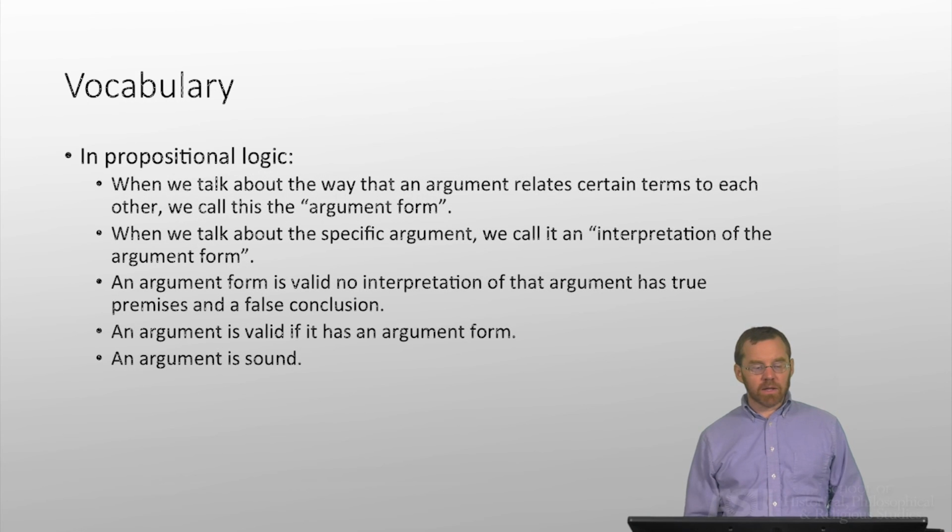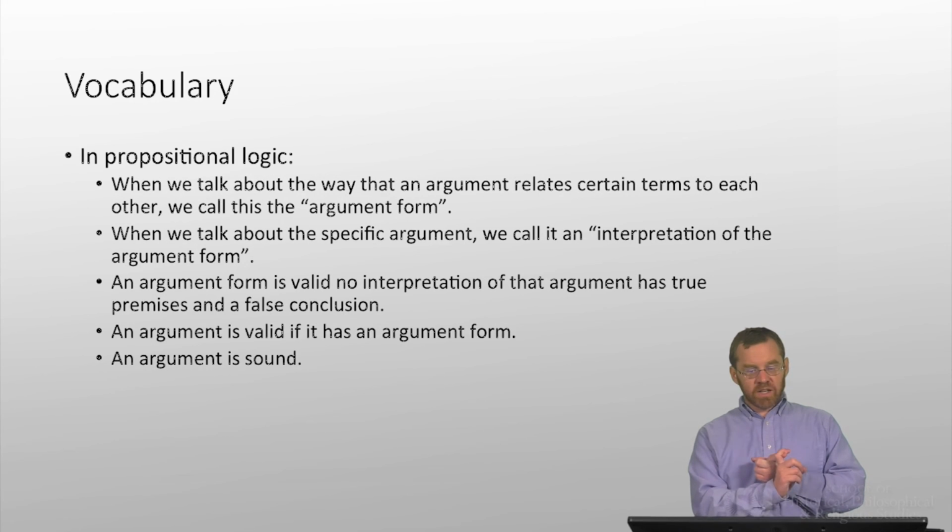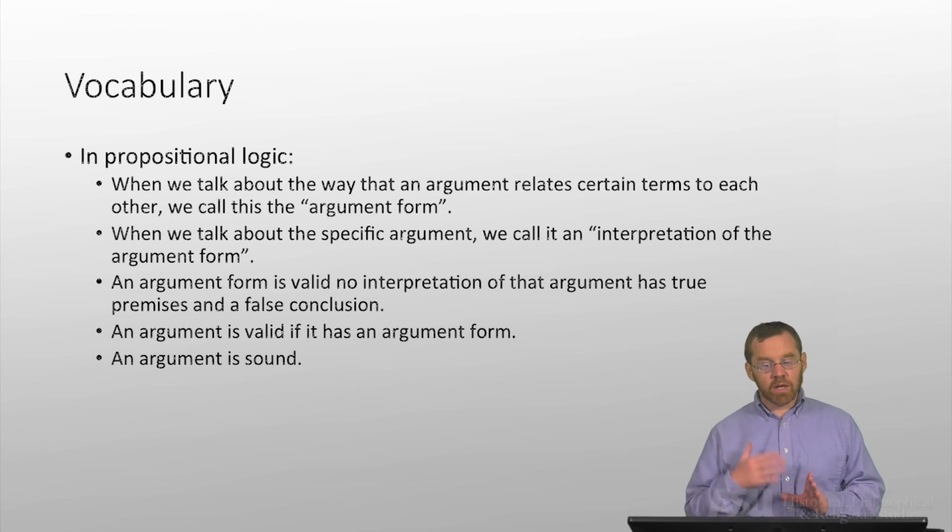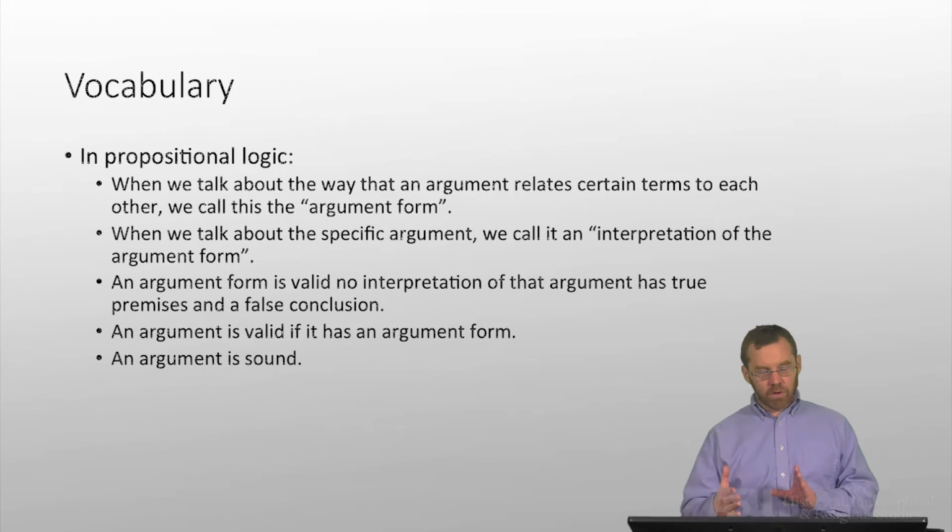In terms of vocabulary, in propositional logic, when we talk about the way that an argument relates certain terms to each other, we call this an argument form. Specifically, when we talk about the way that the argument relates the truth and falsity of sets of sentences to each other, we call that the argument form.